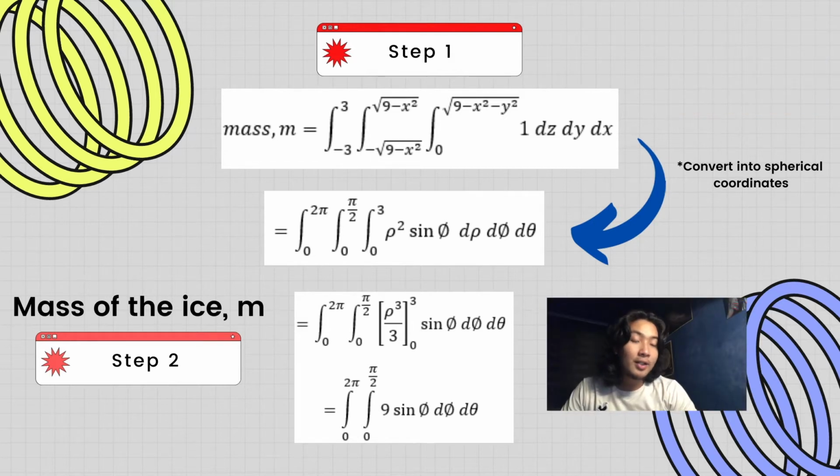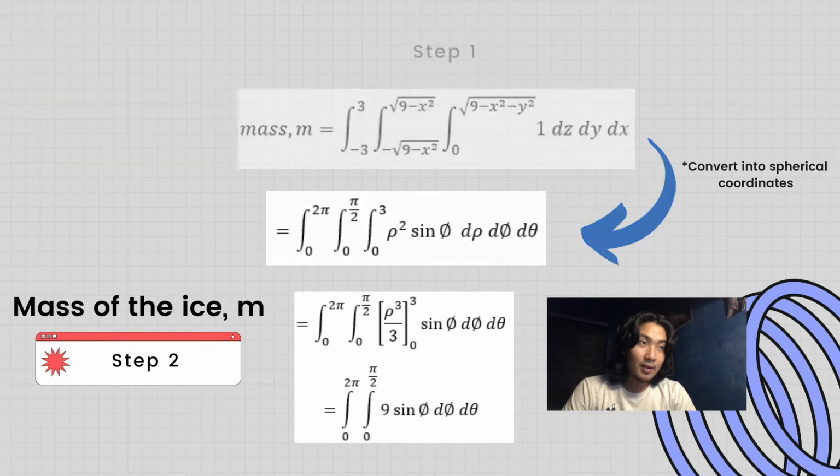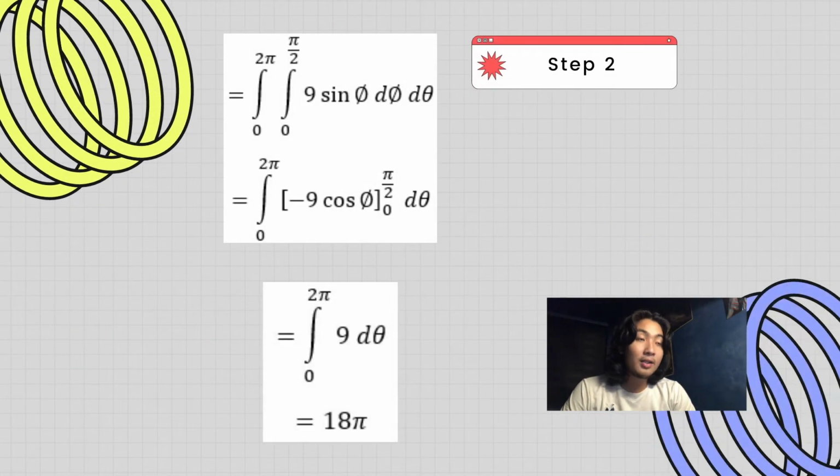Now we integrate rho squared with respect to rho from 0 to 3, and then substitute the limit, we get 9 sine phi. Next, we integrate 9 sine phi with respect to phi from 0 to pi over 2, then substitute the limit, we get 9.